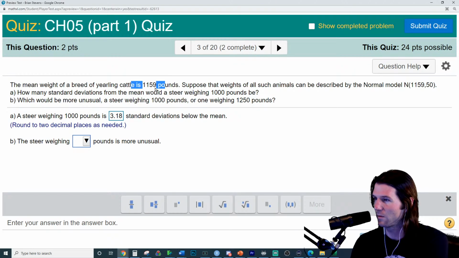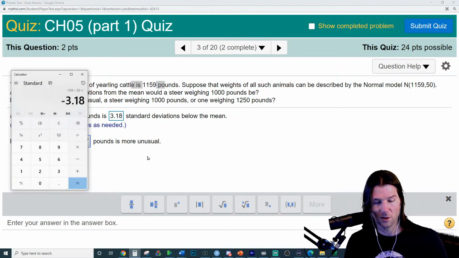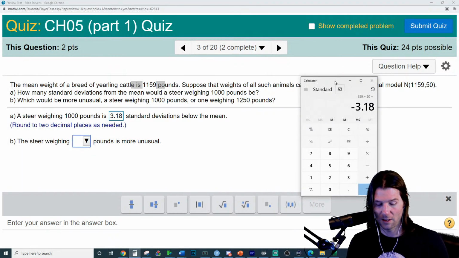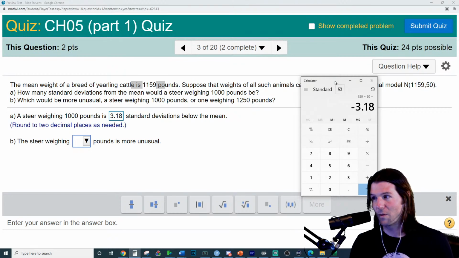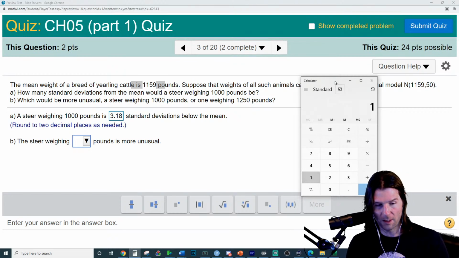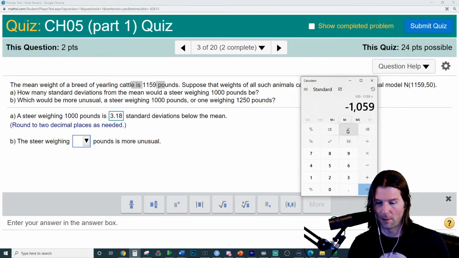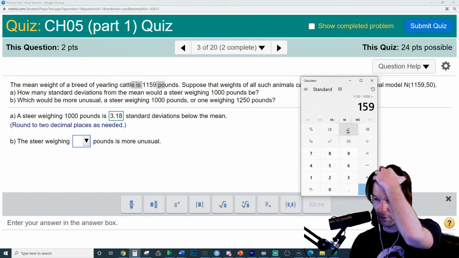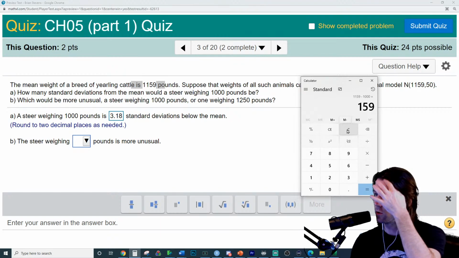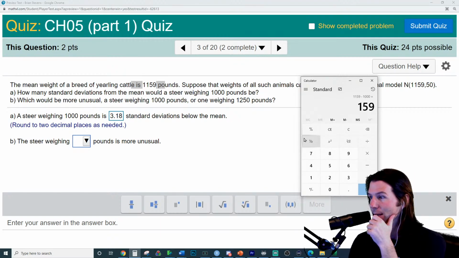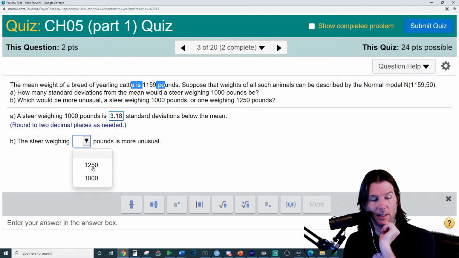You can subtract the differences, or if we standardize them, you can just see which one's further. 1159 minus 1250 is 91 away. Technically, it's a positive difference. And then we just did this one right here. Which one is further away? That would be the more unusual one because it's further from the mean. And the answer is the one that's further from the mean is 1,000.